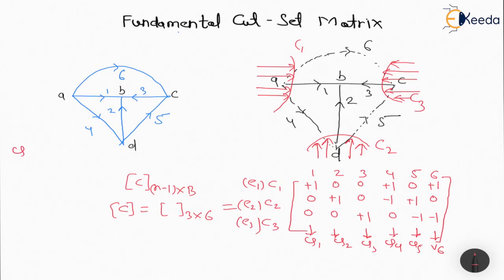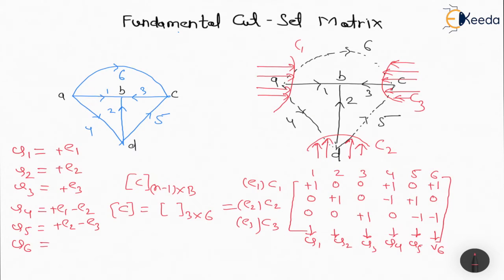We can write v1 is equal to plus E1. v2 we can write plus E2. v3 we can write plus E3. v4 we can write plus E1 minus E2. v5 can be written plus E2 minus E3. v6 can be written as plus E1 minus E3.